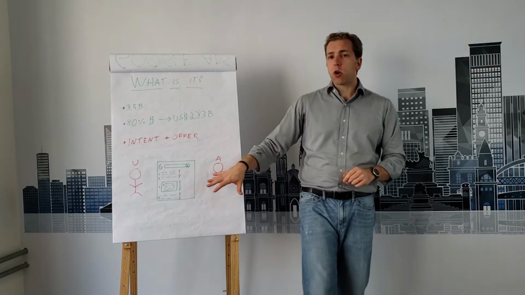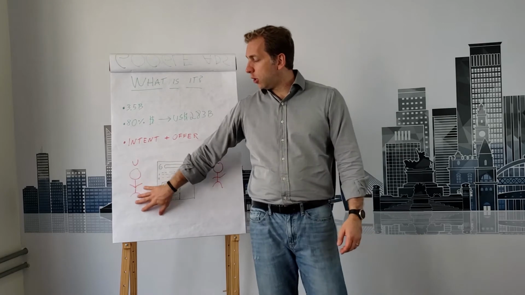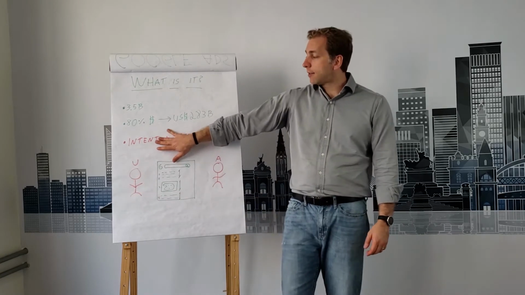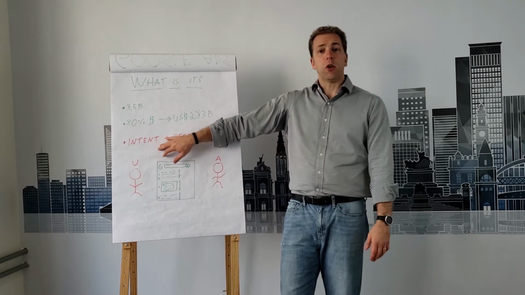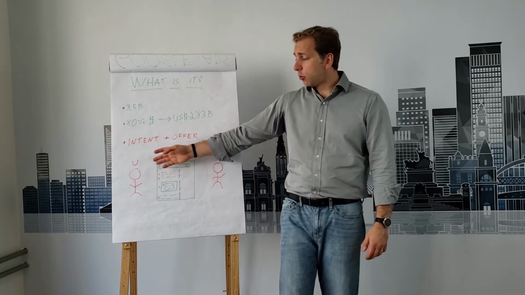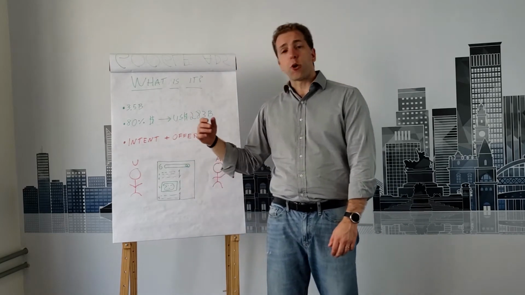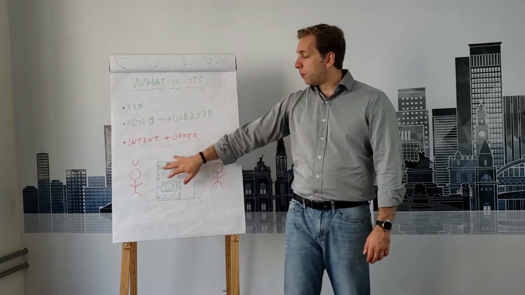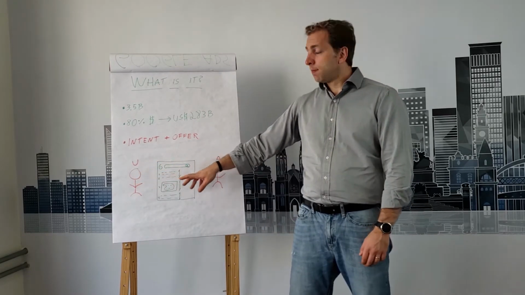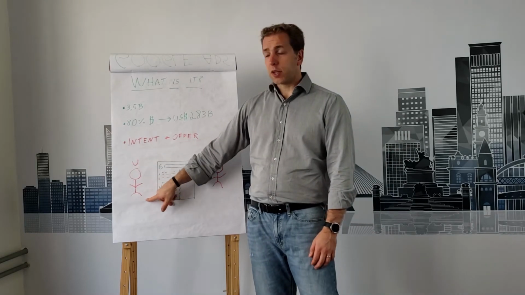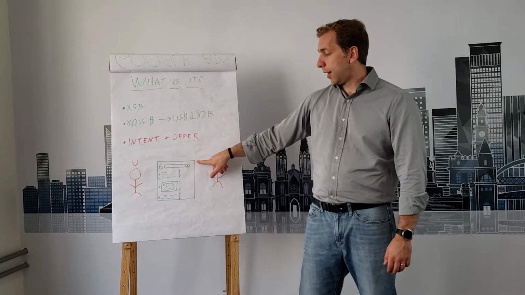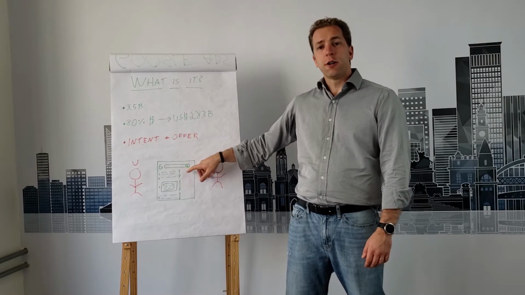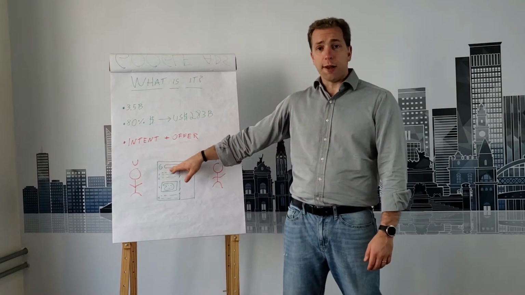So the way it works is this: you have a user, and the user has the intent to buy something or research something. It could be a 4K TV, or a new cell phone, or life insurance. That person is going to go to Google and type in the search bar what they intend to buy.